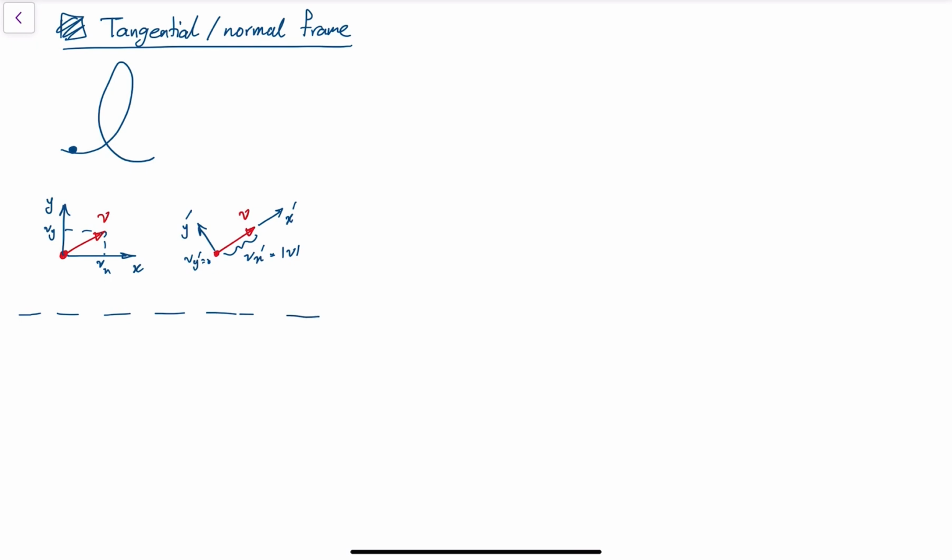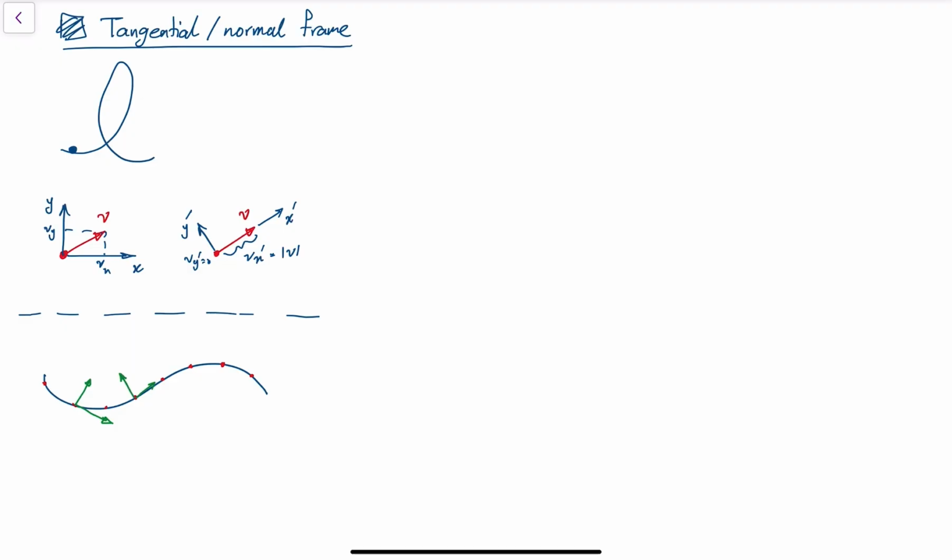For simplicity, let me look at a simpler path. I can consider the particle at different points along this path, as many as you want, and define my coordinate frames to be one of them always tangent to the path and another one normal to the path. I can do this at any other point I want.